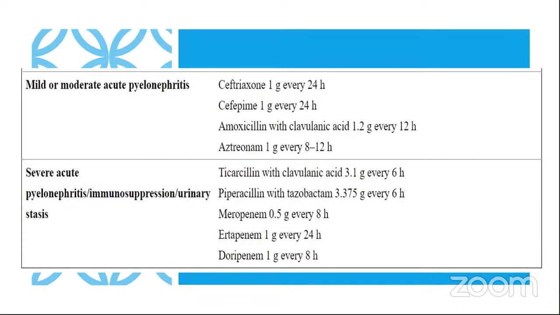In severe acute cases, ticarcillin with clavulanic acid, 3.1 gram every 6 hourly, is the drug of choice. Piperacillin tazobactam, 3 to 4 times daily, or meropenem can also be given. These drugs should specially be used when the patients have immunosuppression, which requires prompt treatment.